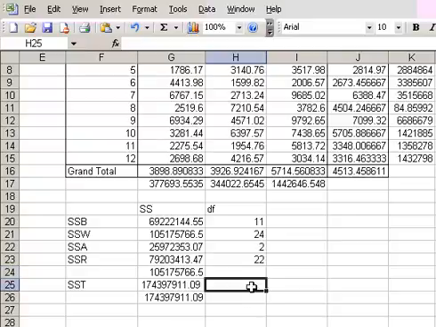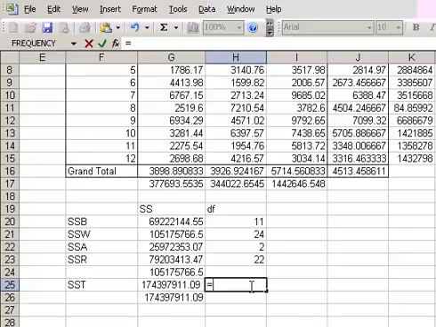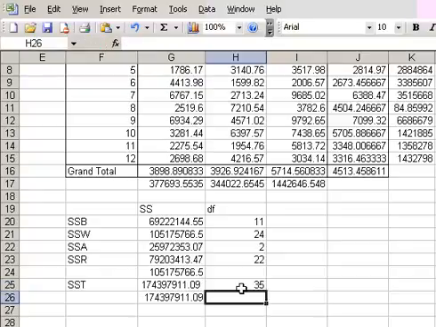The degrees of freedom in the total, finally, is equal to the number of admissions times the number of people minus 1. This will be equal to 12 times 3 minus 1, or 35 degrees of freedom.